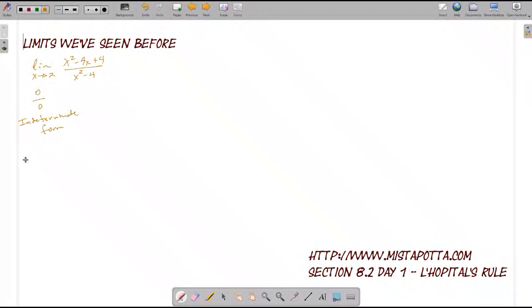And the reason we call it an indeterminate form is because at this point, I don't know if it's actually going to be an undefined expression or a defined expression. Maybe this limit will go to infinity. Maybe this limit will go to 0, maybe this limit will go to a constant. I don't know that at this point.